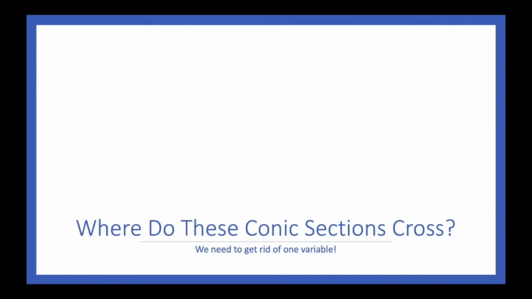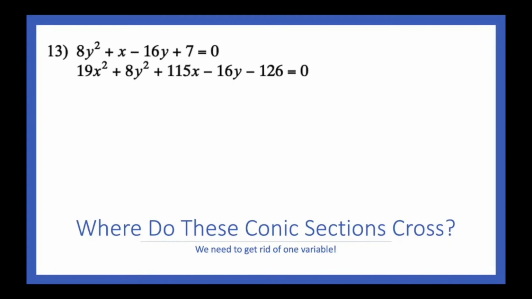Now we're going to find where two conic sections cross, and our goal is to find the ordered pair, but to make it easier, we're going to try to get rid of one of the variables. This time, we're going to use elimination, or what people call linear combination. We're going to look at the top one and see if there's anything that can cancel on the bottom. I want you to look at the y squareds and the y's, they could cancel quite nicely.